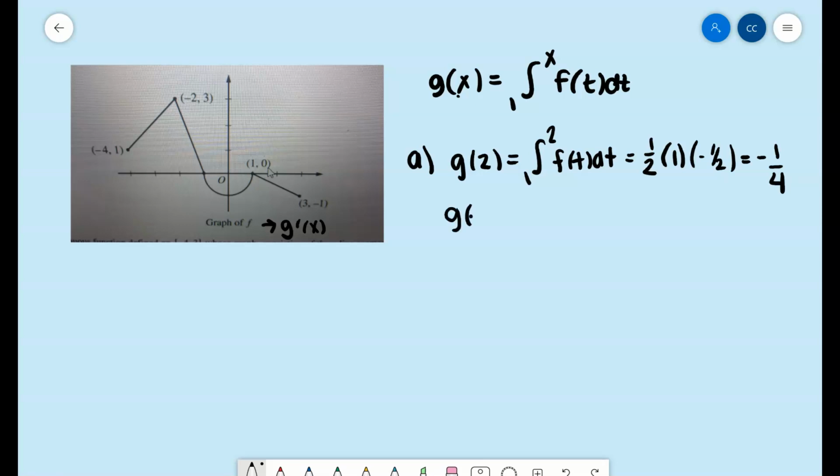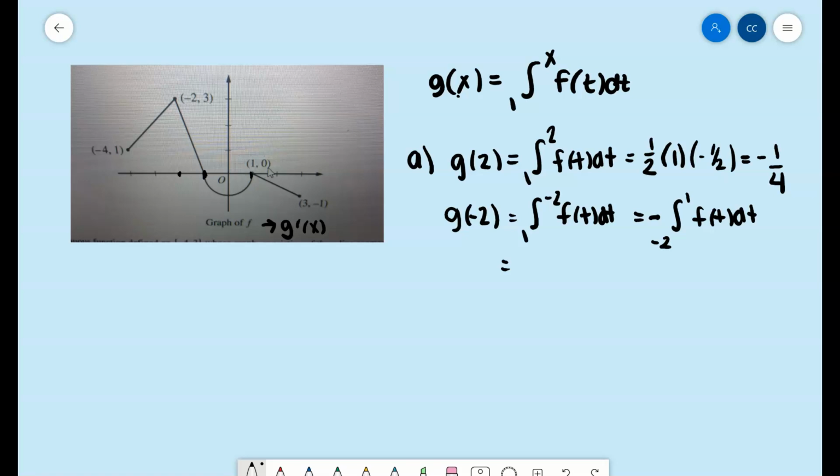Now, g of -2 is the integral from 1 to -2 of f of t dt, which is the same as negative the integral from -2 to 1 of f of t dt. So now we can just use the area under the curve on our graph. So -2 is here, and +1 is over here.